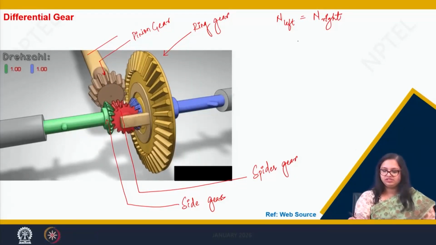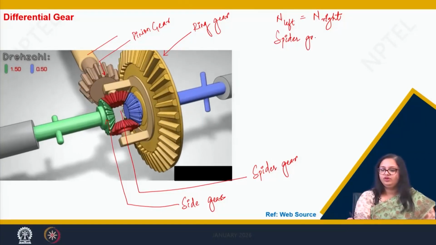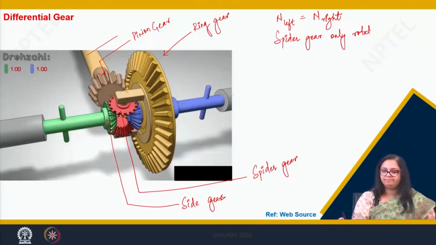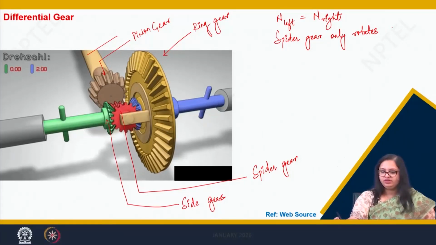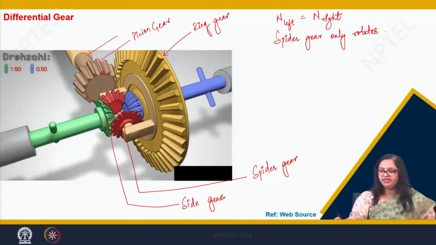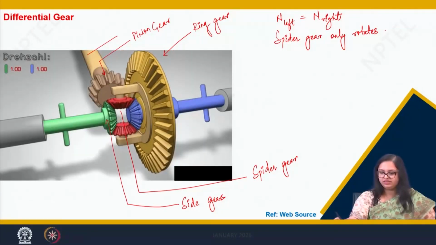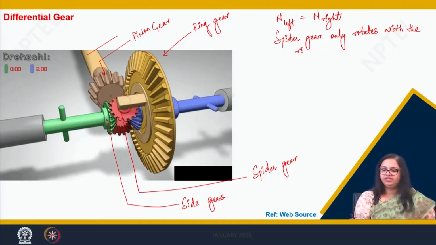So, the spider gear only rotates with the ring gear.